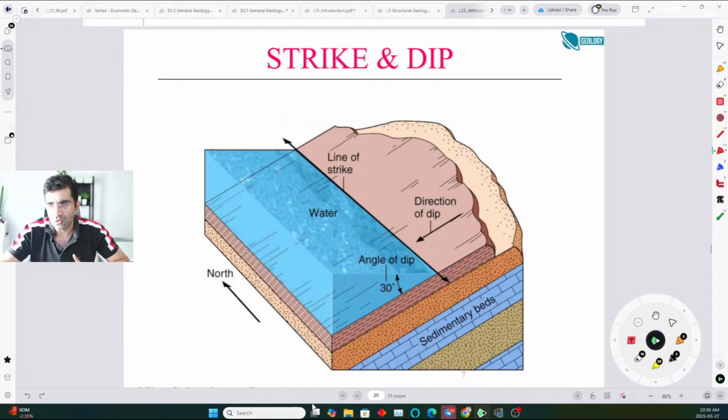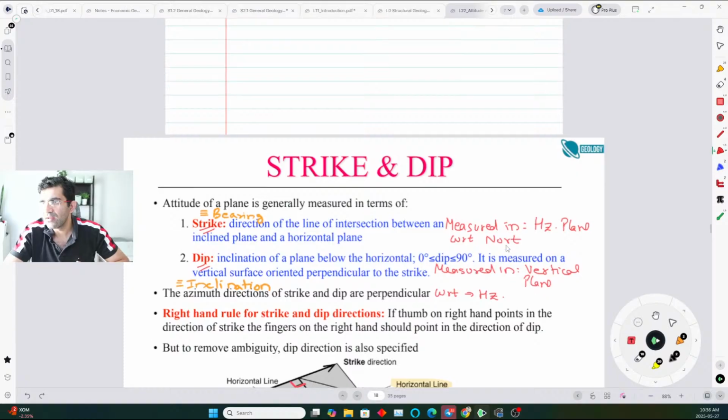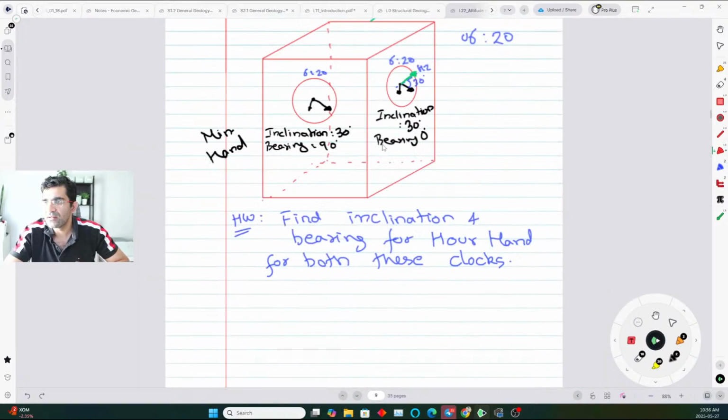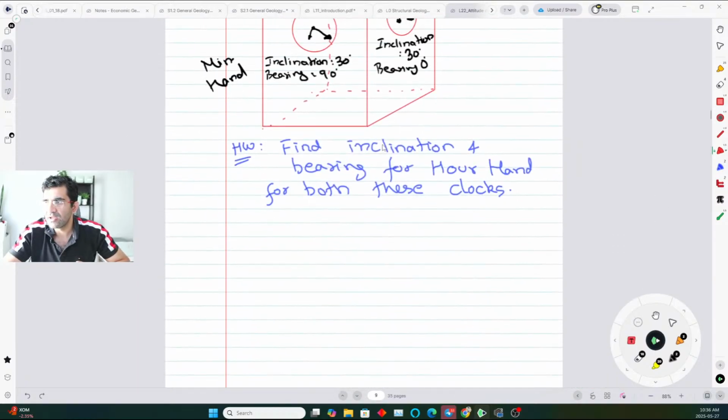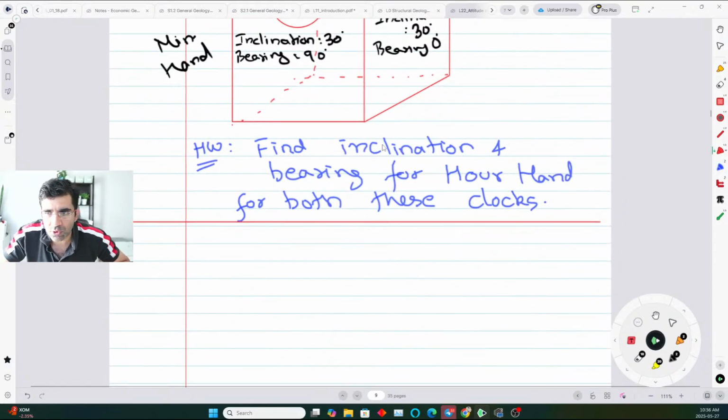One thing to note, okay, very important. Maybe I can write it where I had this extra page over here. Dip and strike are defined for structures, not for topography.